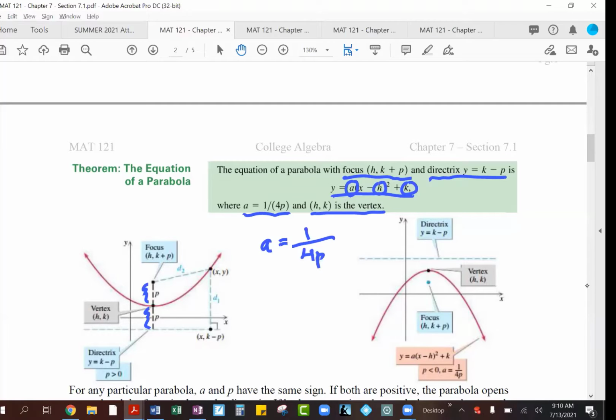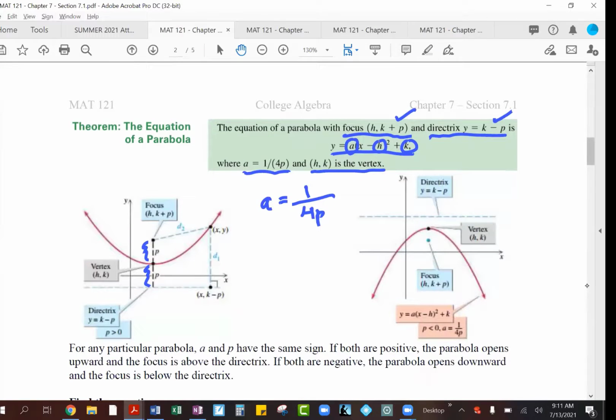And remember, since your focus is the same distance from the vertex as the directrix is, that's why we are adding and subtracting that p from the k value, to move it up or down depending on how your parabola is opening. And you can see in both of these images what your graph ends up looking like. If your parabola is opening upwards, then the directrix will fall below the parabola.